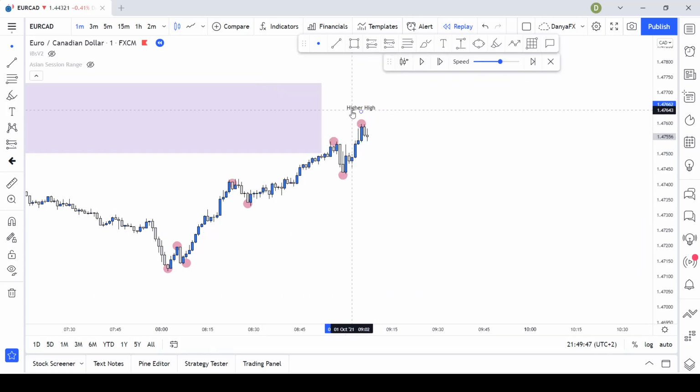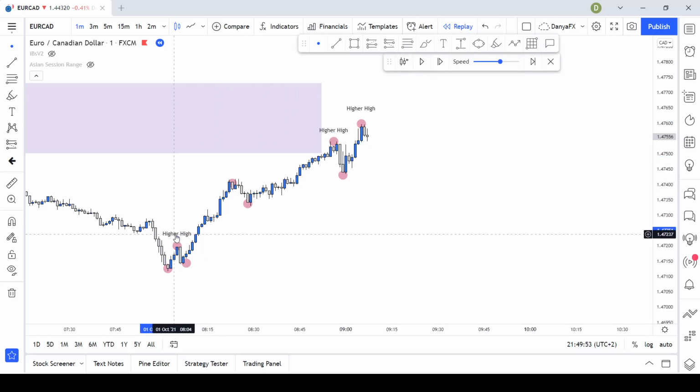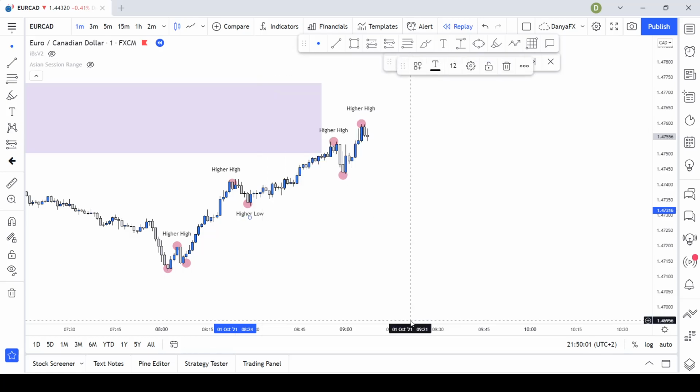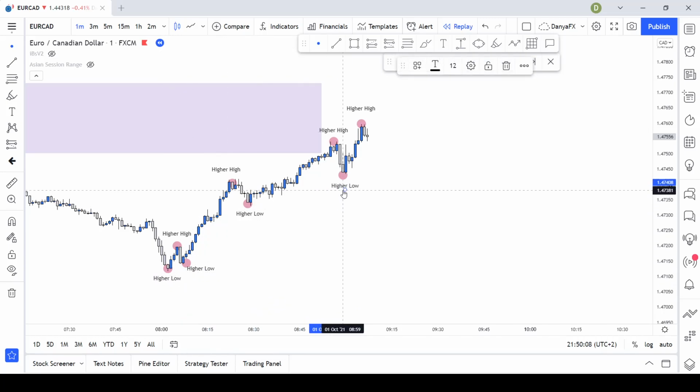So these are the higher highs. These are the higher lows, here, here, and the last one here.